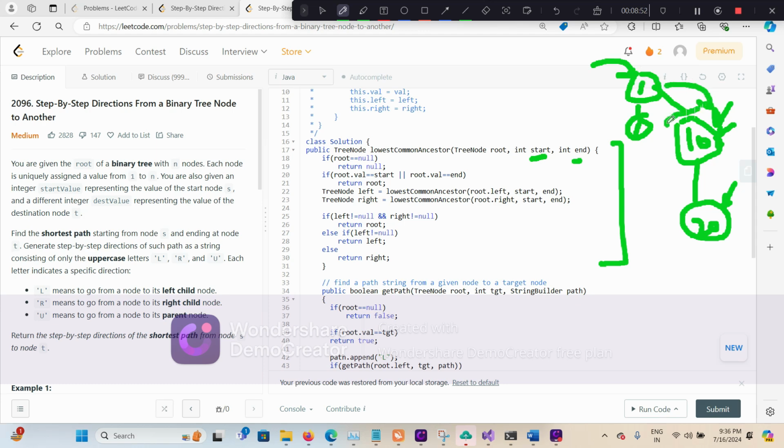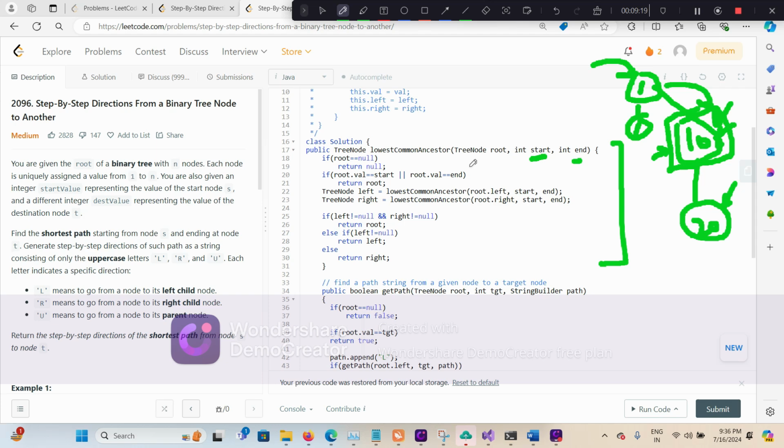Now see here, there is a condition that this node itself is equal to one of them. Then we will return this node itself as the least common ancestor. So for the same reason I have written this case. If any one of them is matching, that node would be, not necessarily the root only, because this is a recursive approach. Whenever we are calling on any node, that node behaves as a root for that call.